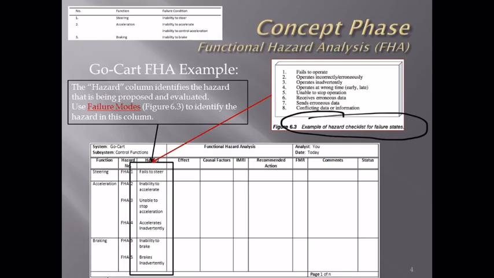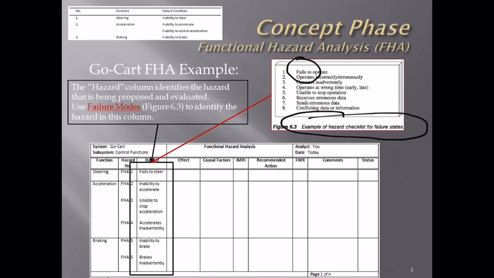This gives us a list of failure states, and in an attempt to keep this example simple and straightforward, I did not put all of the failure states that are possible for each of our three functions. A more detailed example is given in your text, but these are just some examples from our go-kart example.